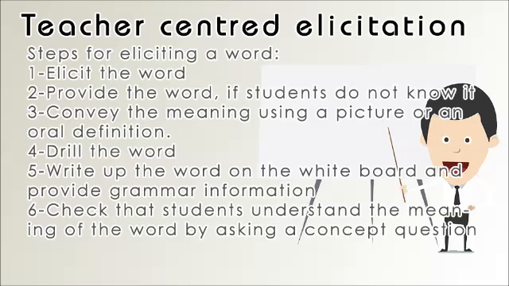Write up the word on the whiteboard and provide grammar information. Students need to learn the spelling and part of speech of the word. 6. Check that students understand the meaning of the word by asking questions. It's a good idea to ensure students are sure about the meaning of the word before you ask them to say it.